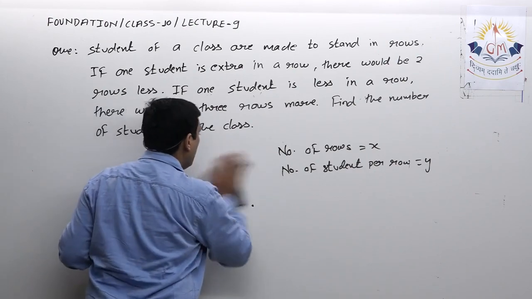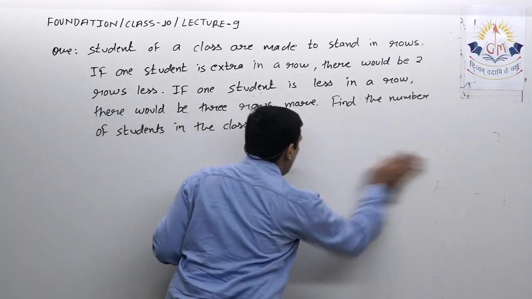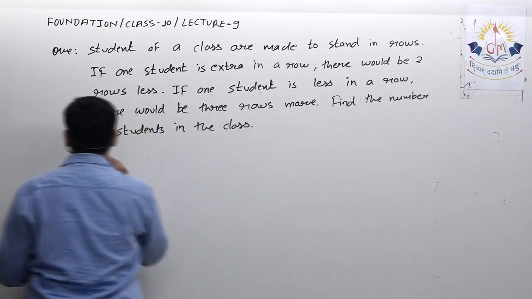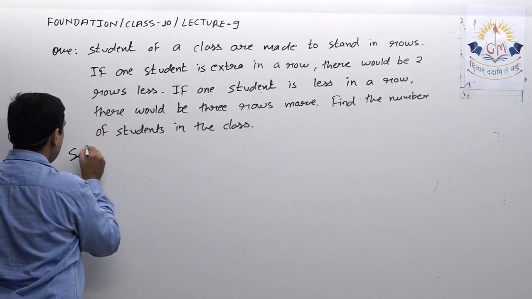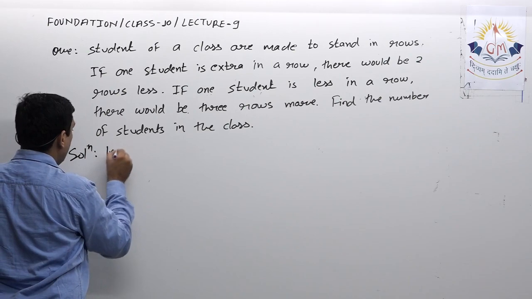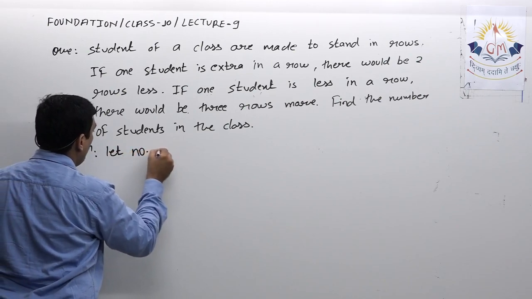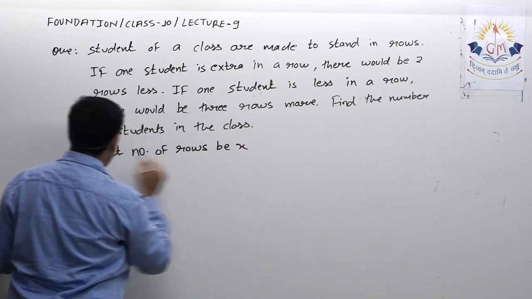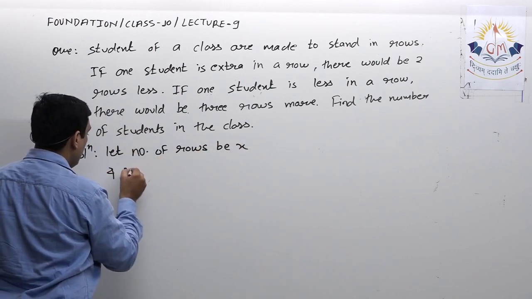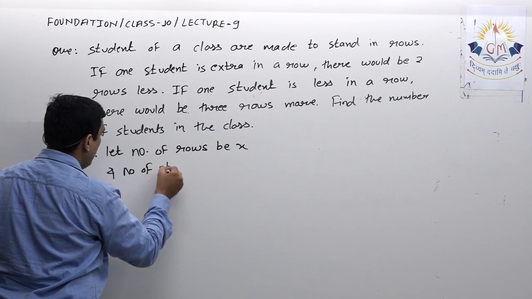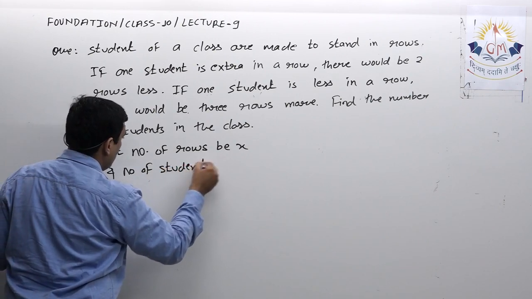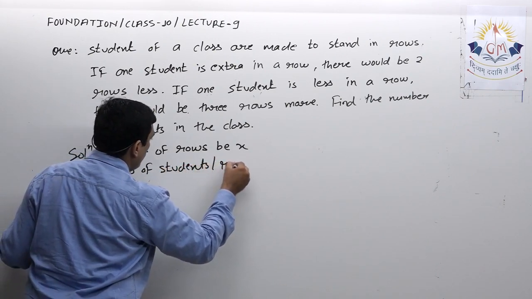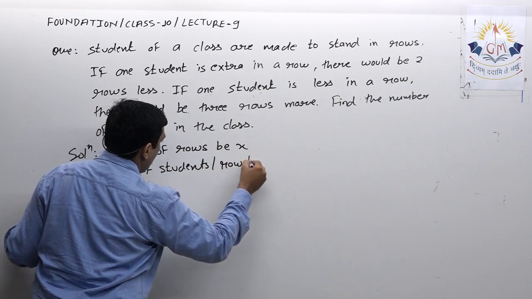So we'll start by assuming: let the number of rows be x and the number of students per row be y.